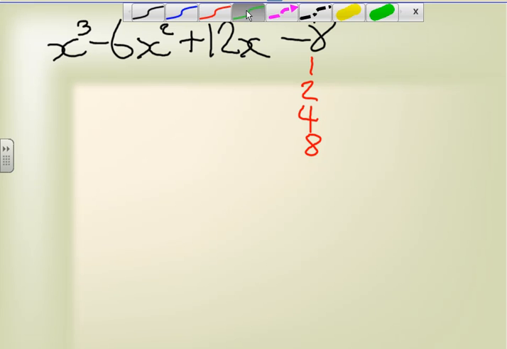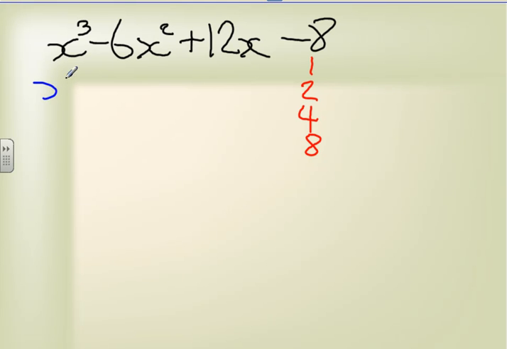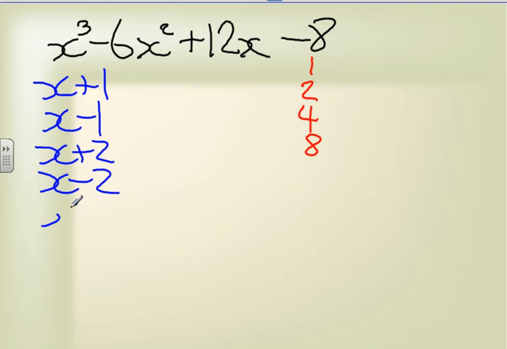Changing pen color again, I'll do this one in blue. My possible factors of x cubed minus 6x squared plus 12x minus 8 are going to be x plus 1, x minus 1, x plus 2, x minus 2, x plus 4, and x minus 4.